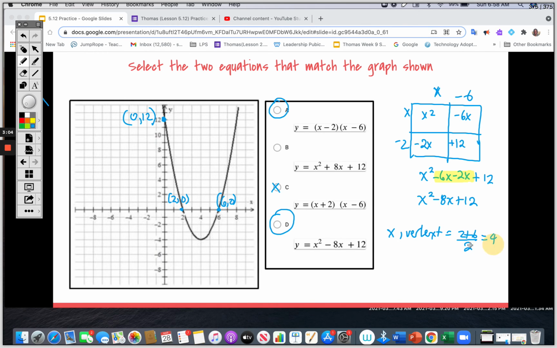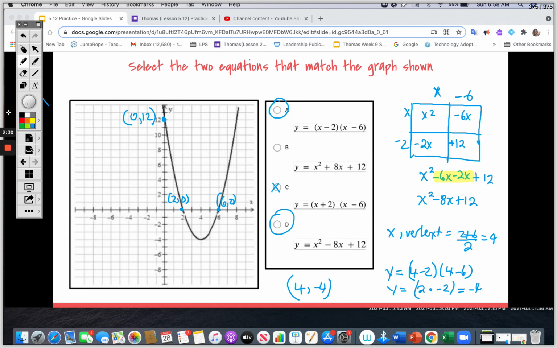That's equal to 4. And then we can plug 4 into any of these equations. So y is therefore equal to 4 minus 2 times 4 minus 6. That's 2 times negative 2, which is going to be equal to negative 4. So the coordinates of our vertex would happen to be the point 4, negative 4.